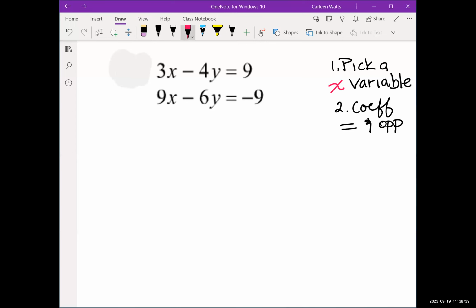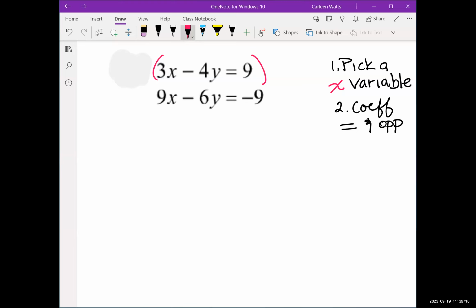Now, I need the X to have the same but opposite coefficient. So I am going to multiply everything in the top equation by a certain number, because our goal is to make the X's disappear. What am I going to multiply everything in the top equation by to make the coefficients of the X's same but opposite?